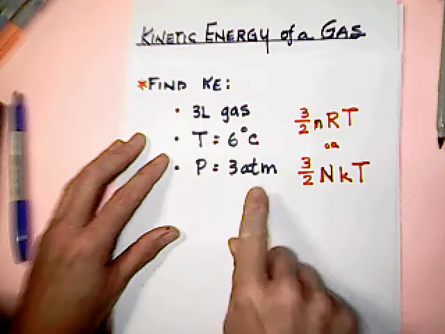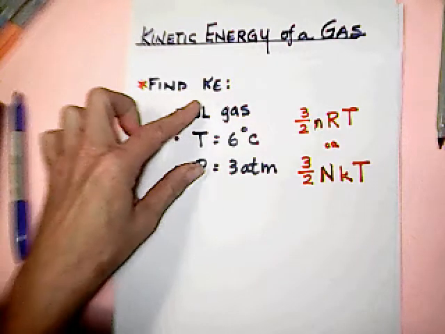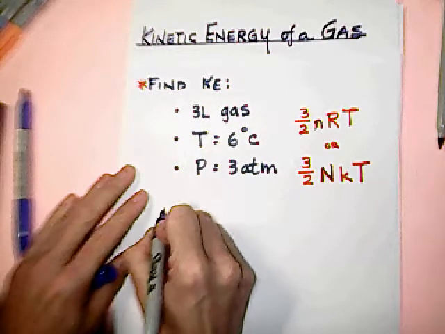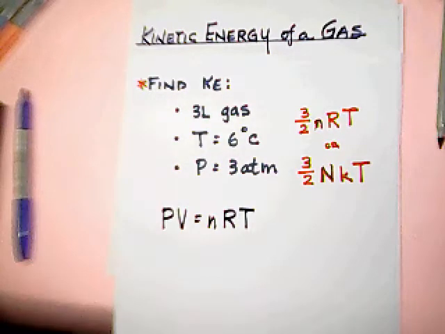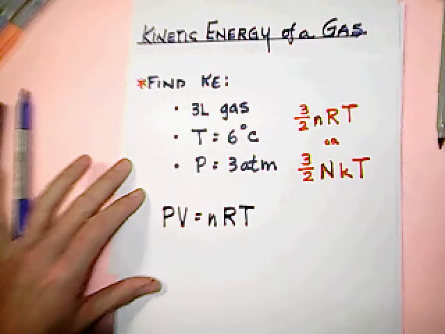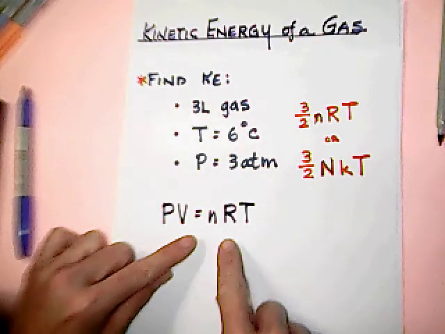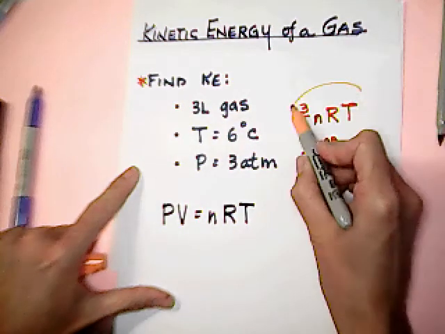What I do notice is that I've got a pressure in there and a volume. Let's go back to our original gas law equation, which is PV equals nRT. Do you see anything in this equation that perhaps is in one of these two equations?